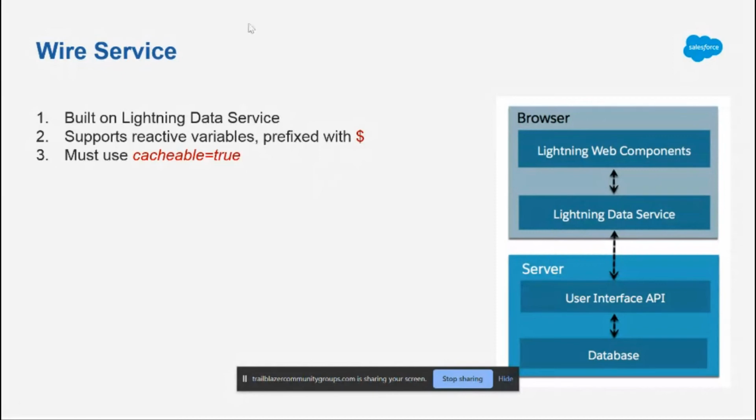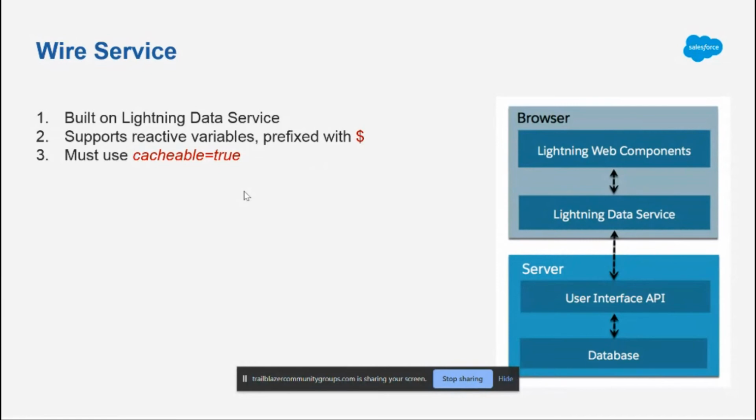Wire service supports reactive variables, and this is where we use the dollar sign to mark the variable as reactive. Reactive here means whenever the value of the variable changes, the wire service fetches new data. Also, to improve performance, the Lightning Data Service maintains a client-side cache of record data that has been loaded via the wire adapter.